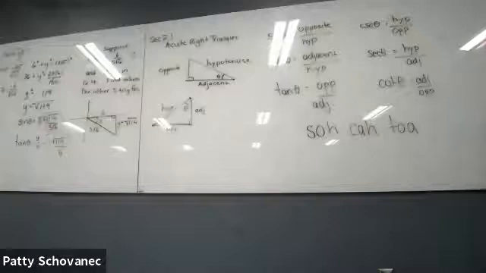So let's draw a 5, 12, 13 triangle, and let's find the values of the trig functions for that particular arrangement.